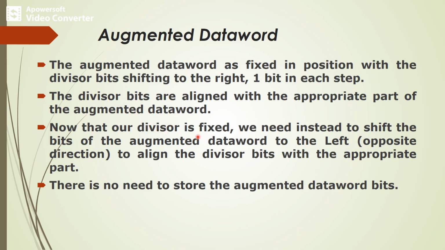Suppose the divisor is fixed; then we can shift the augmented data word to the left in order to align the divisor bits with the appropriate part. There is no need to store the augmented data word bits. So either we consider the augmented data word fixed and shift the divisor bits, or we consider the divisor bits fixed and shift the augmented data word to the left.